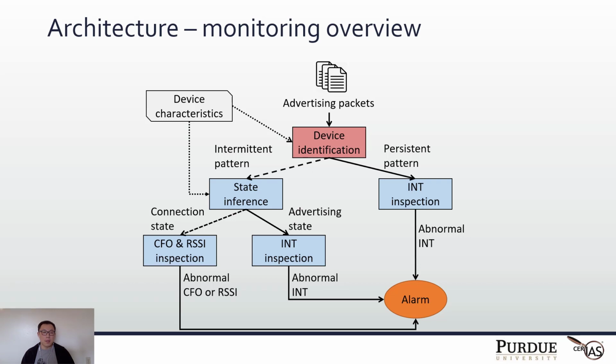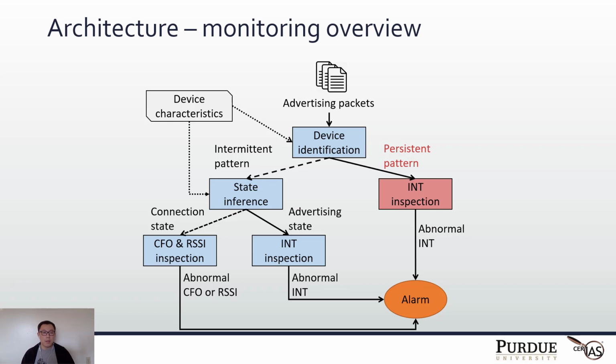And then it detects whether this device utilizes a persistent advertising pattern or an intermittent advertising pattern. If it's a persistent pattern, which means the device keeps advertising when it's in connection state, then the interval inspection itself is enough to detect the spoofing attack.